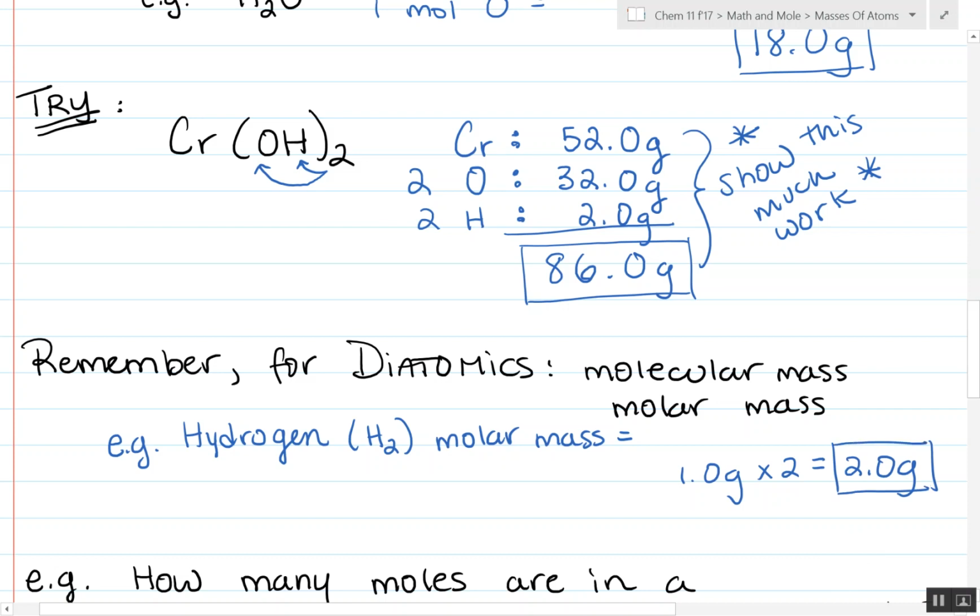Okay, so we need to multiply the molar mass of the hydrogen by 2. The same would go for nitrogen or chlorine or any of the other diatomic compounds.